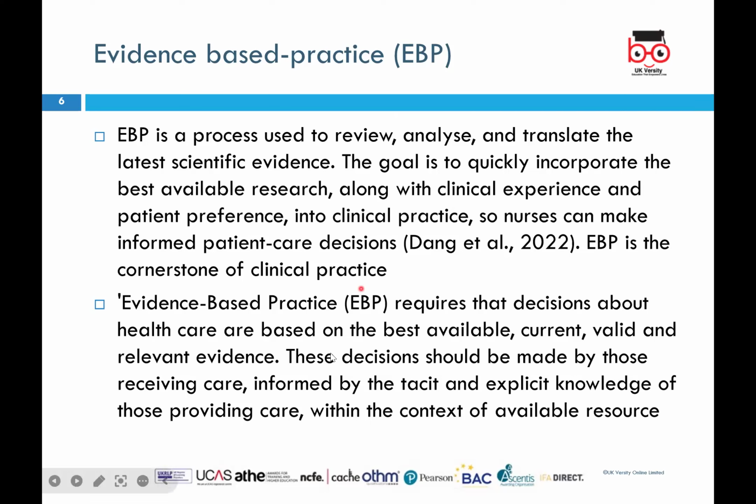So evidence-based practice requires that decisions about healthcare are based on the best available, current, valid, and relevant evidence. So evidence that was there in, let's say, 2019 when there was COVID-19, that doesn't help now. They're different now. There are new decisions that have been made and new guidelines that have been developed.